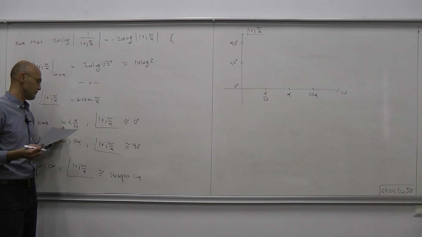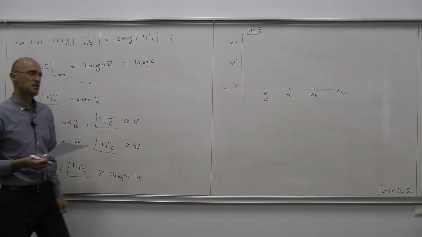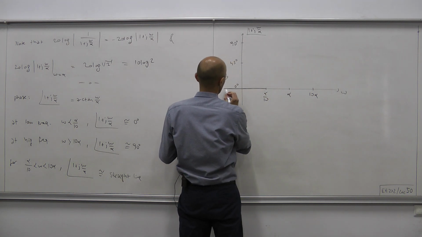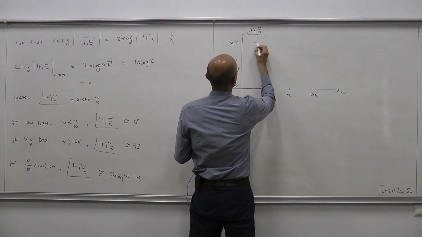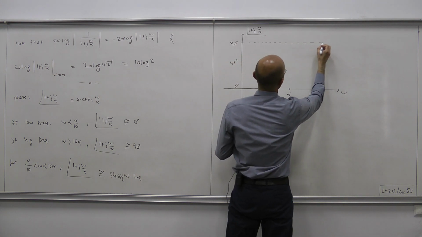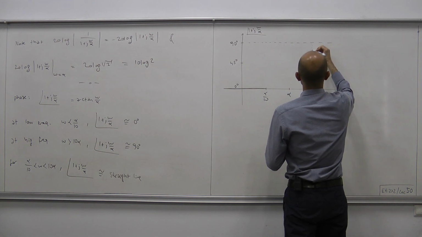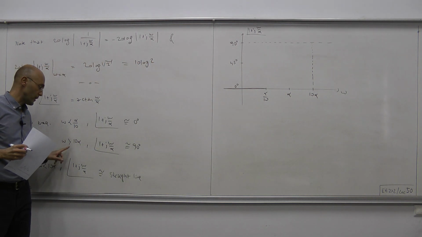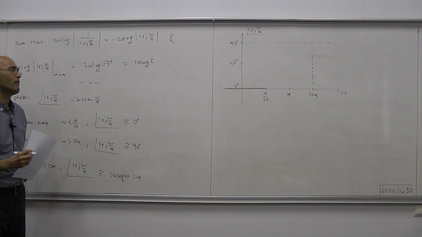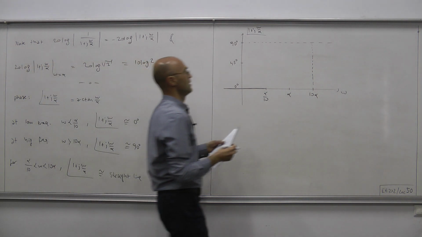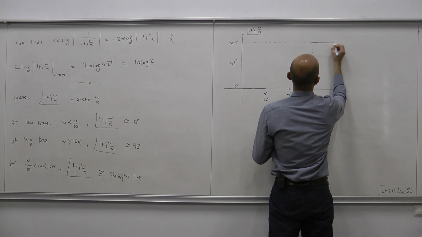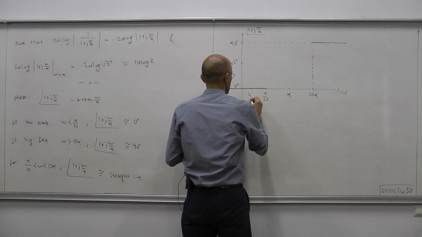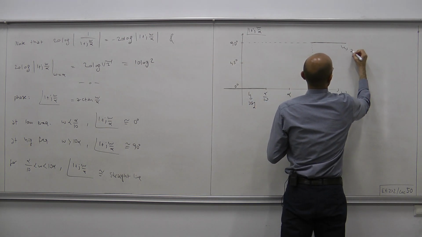For low frequencies, omega less than alpha over 10, the phase can be approximated by 0 degrees, so we have this as the low frequency asymptote. And for high frequencies, omega greater than 10 alpha, the phase can be approximated by a constant 90 degrees, and that makes our high frequency asymptote.